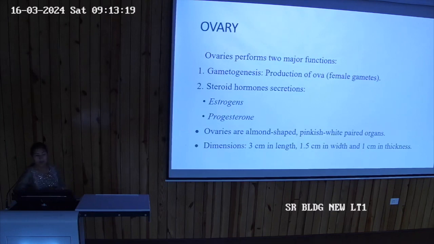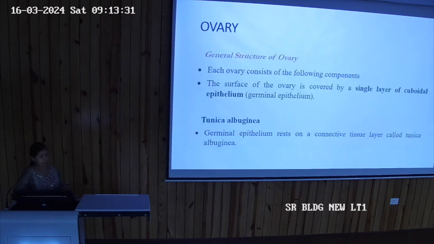What is the function of the ovary? Gametogenesis. So it contains eggs and ova. And there is production of hormones. If we see the gross structure of the ovary, it is covered by the epithelium, mucosal layer and a connective tissue layer which is called the tunica albuginea.